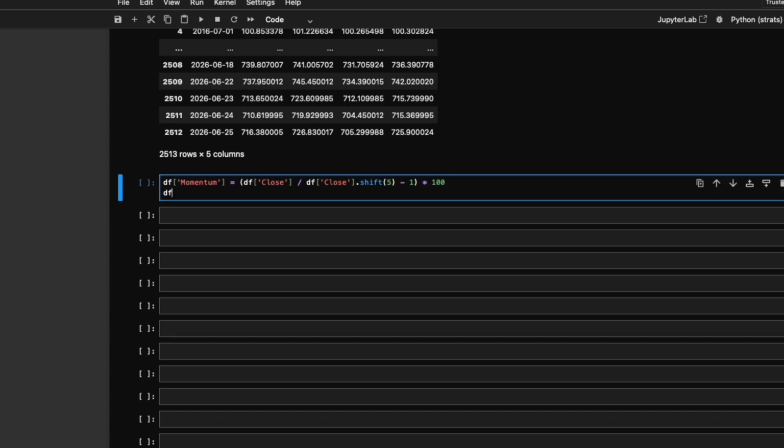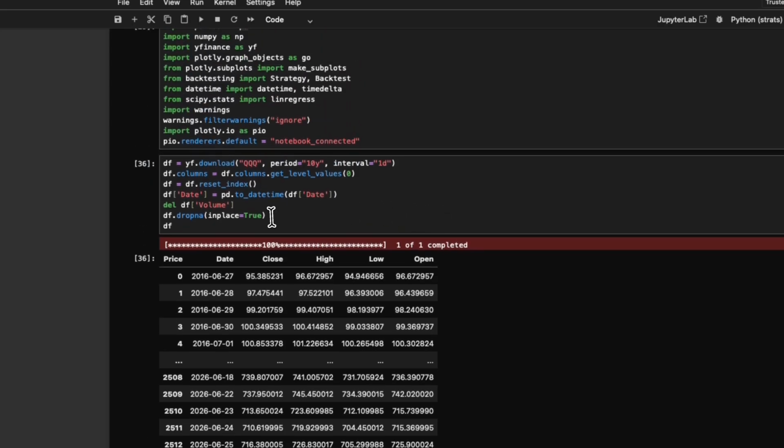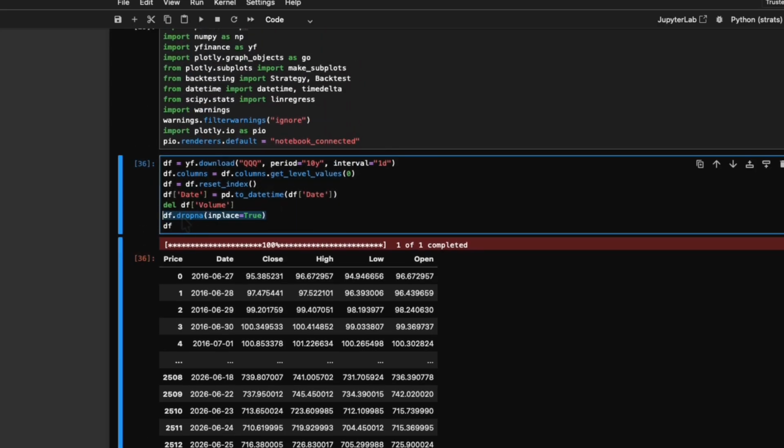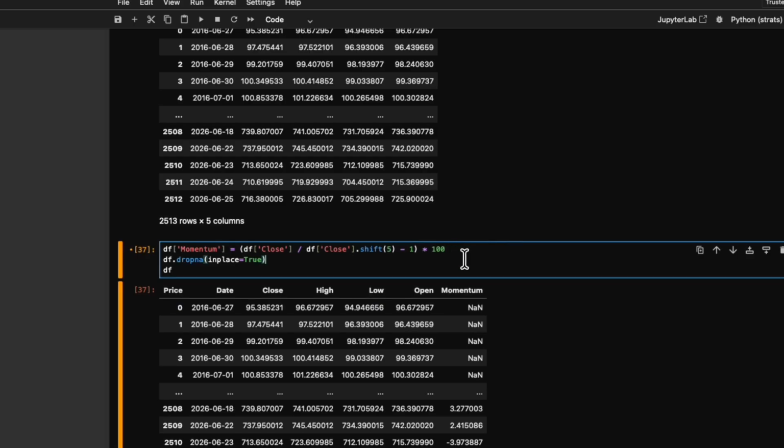And if I just run that and then run our variable df to have a look, we should see now we've got our momentum column here. So that's the first thing. I'm going to get rid of the NaN values there as well, just in case the backtesting library has a little connection when we run it.